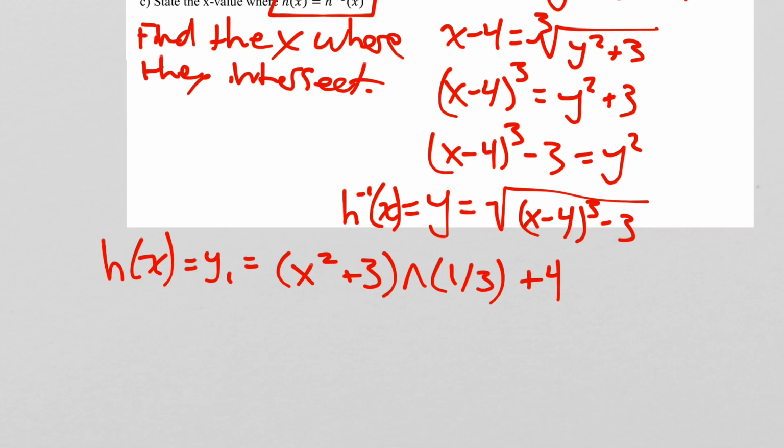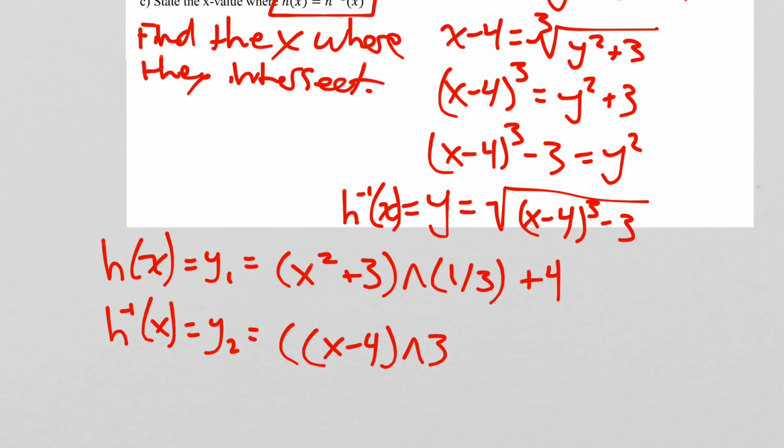If I'm doing h inverse of x, I would put that into y2, and I would open a parenthesis, another parenthesis, x minus 4, close my parenthesis, cube it, subtract 3, close my parenthesis, raise that to the power of open parenthesis 1/2.